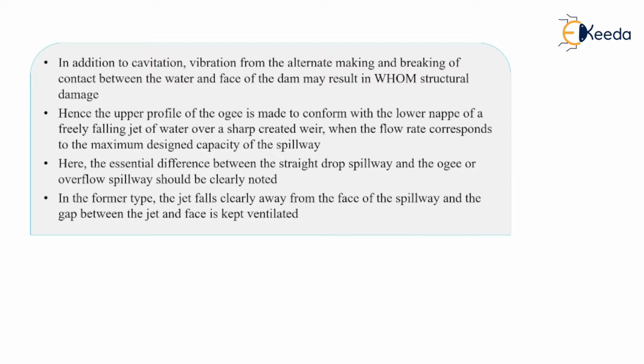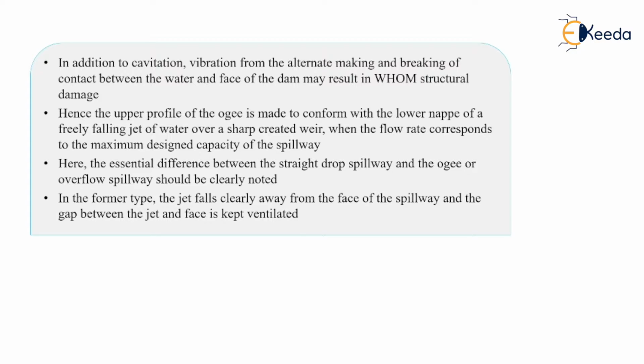In addition to the cavitation, the vibration from alternate making and breaking of contact between the water surface and the surface of the spillway may result in the whole structure getting damaged. Hence the upper profile of an Ogee is made to conform with the lower nappe of a freely falling jet of water over a sharp crested weir.